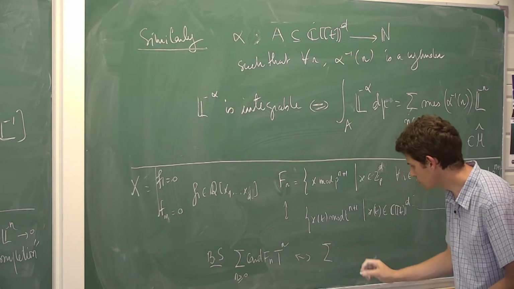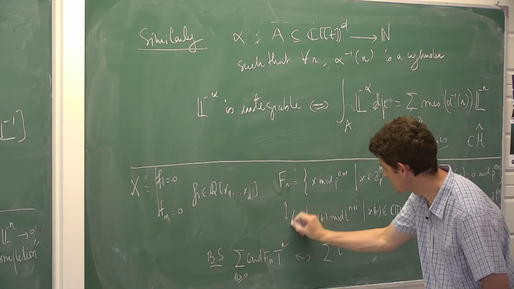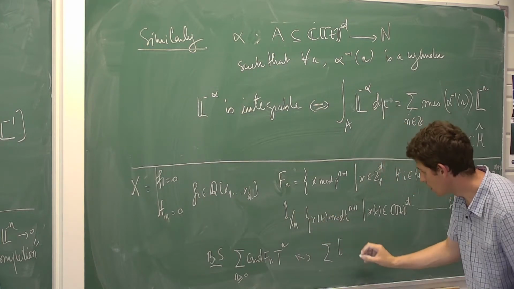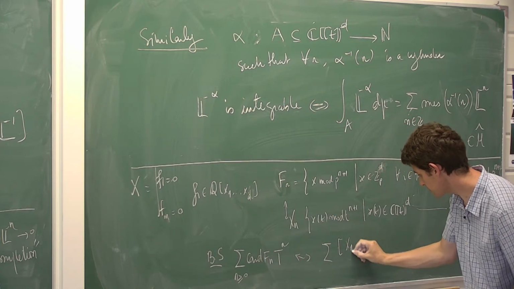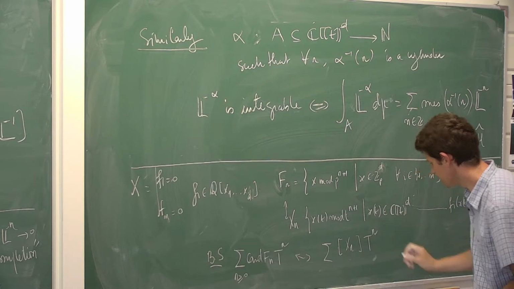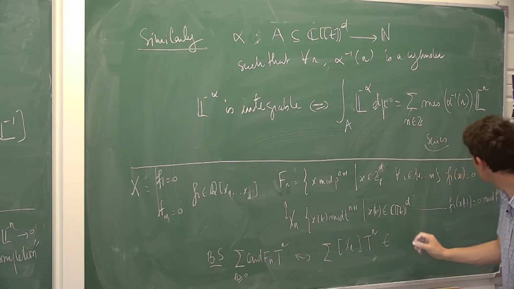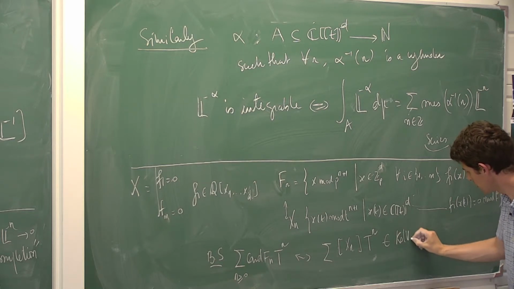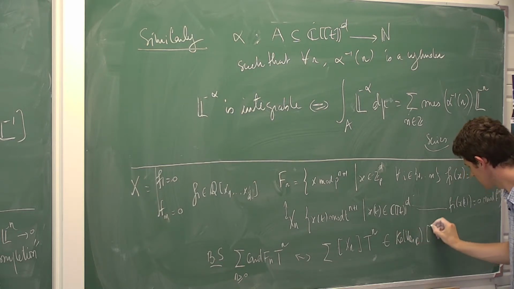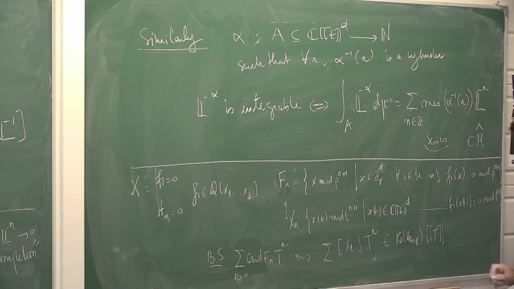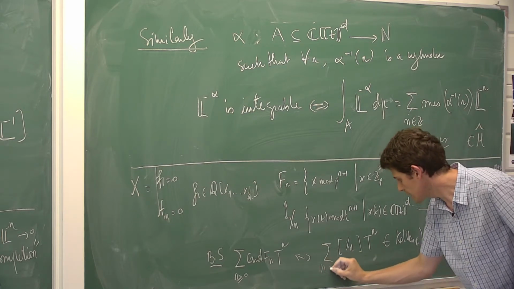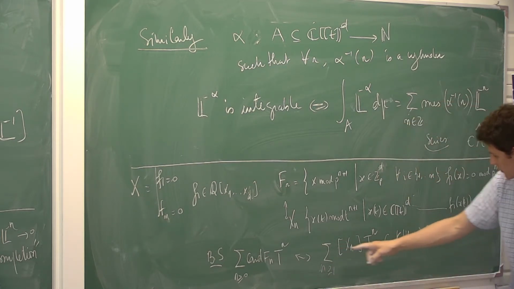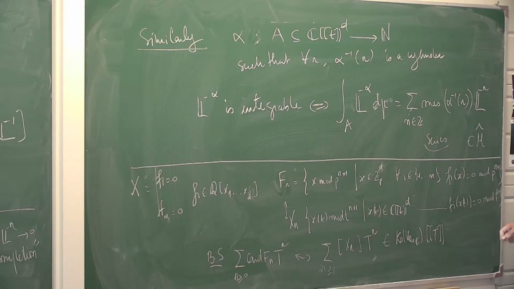You look at the sum of the class of X_n T^n, so you can ask if this formal series is also rational or not.